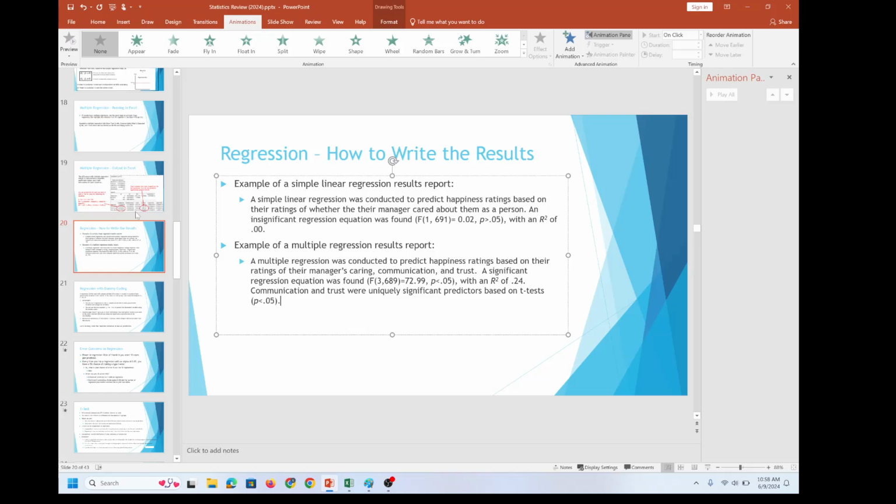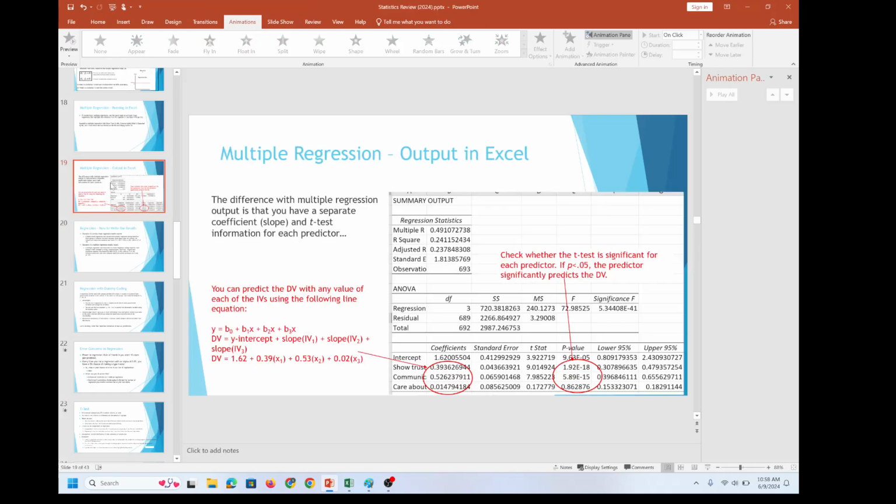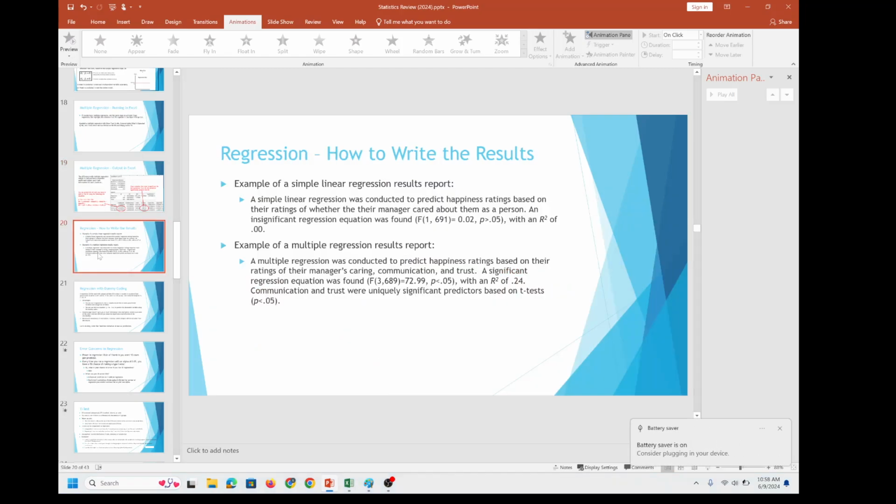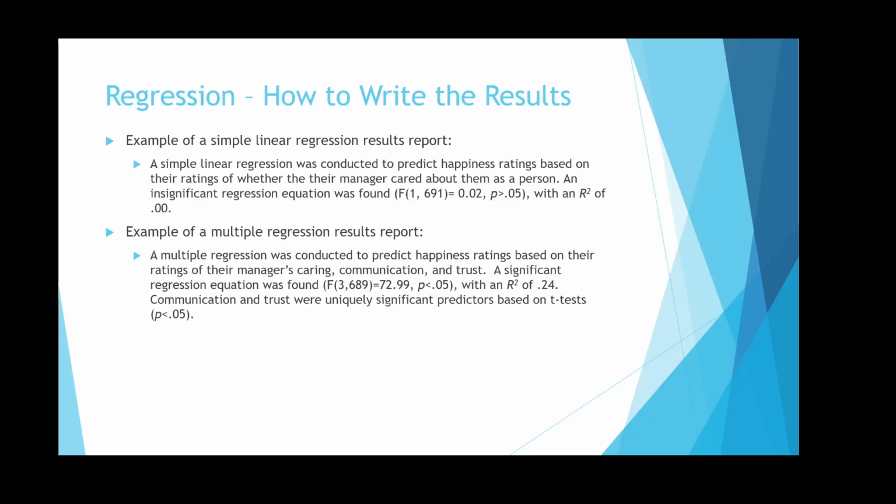And I did get that right. I think it was communication and trust. Yes. So you're going to want to have that follow-up sentence in there. But yeah, that pretty much covers how to write up the results of a regression. So you're going to use this for the projects.